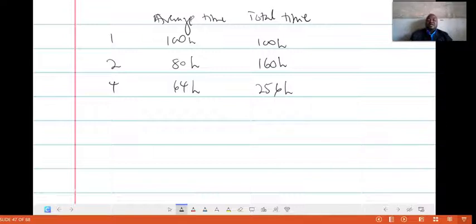When the work doubles again, it becomes something like 51 hours per unit, and the total becomes 408 hours.